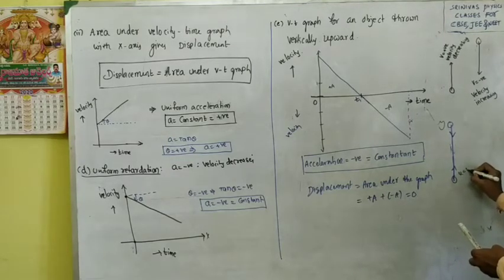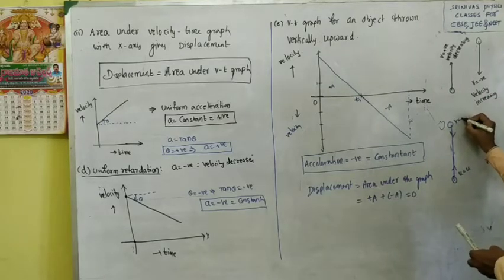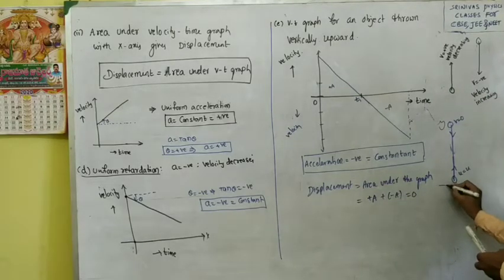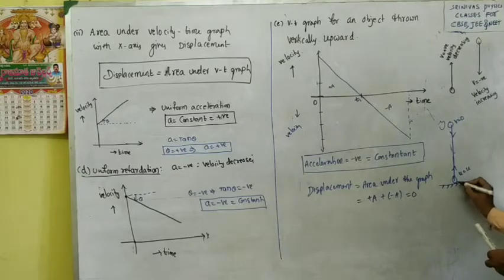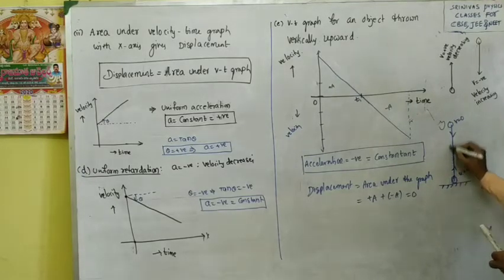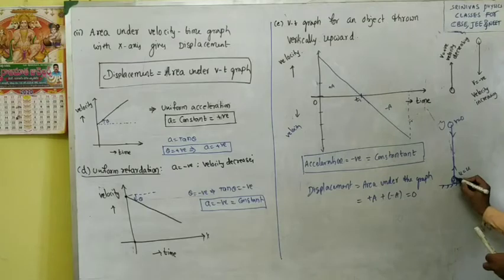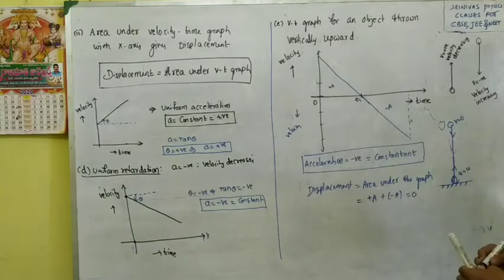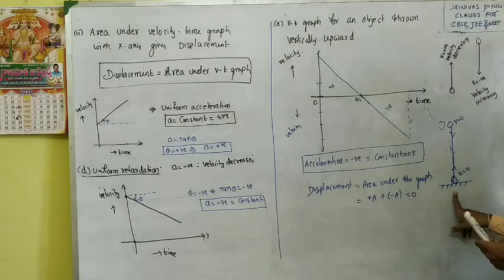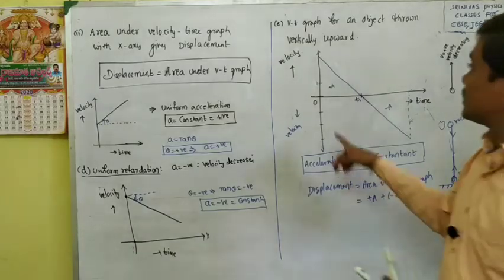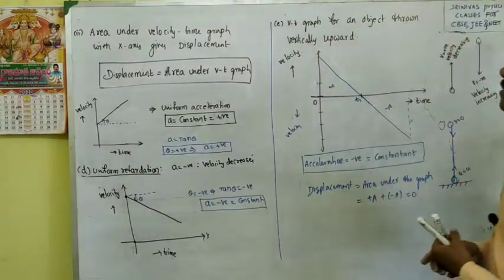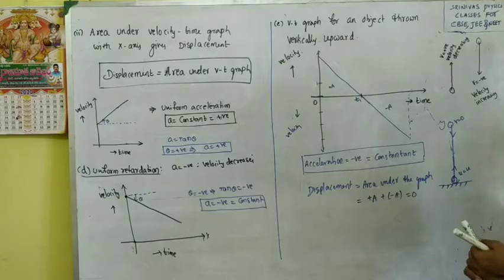We are throwing with some velocity u, and here the final velocity is 0, and it again returns back. The initial point and final point coincide. The initial point is this one, it goes upward and again returns back. The final point is also this one, so the initial and final points coincide. That's why its displacement is 0. This is the velocity-time graph for an object thrown vertically upward.